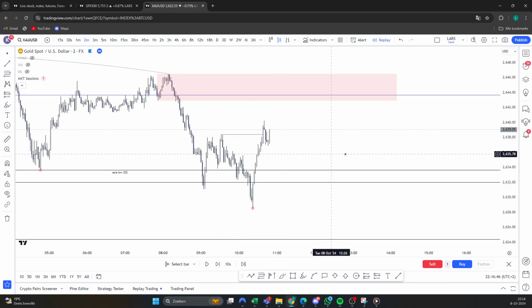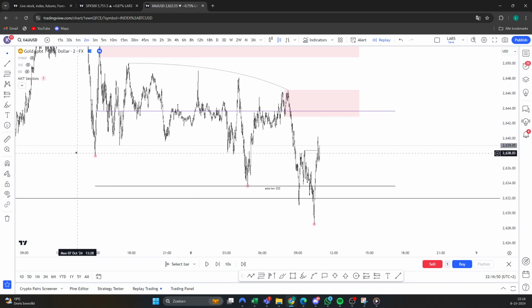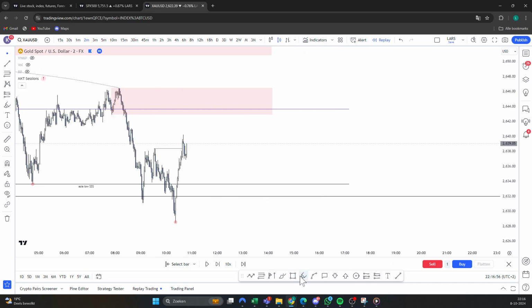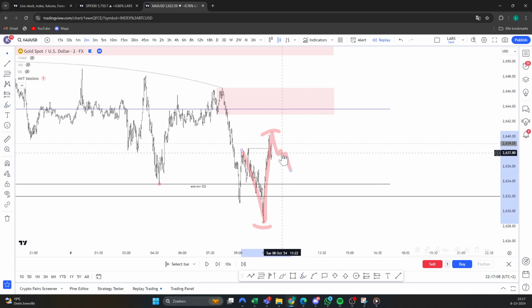And for the people that remember, I once told you guys that if you have a Model 1 where the third tap has this V-shaped recovery, it loves to respect market structure from the low to the high. Okay, it's very aggressive, so it doesn't want to come back anymore. We break it, we have a local pullback respecting market structure from this low to this high, and then we just go higher.